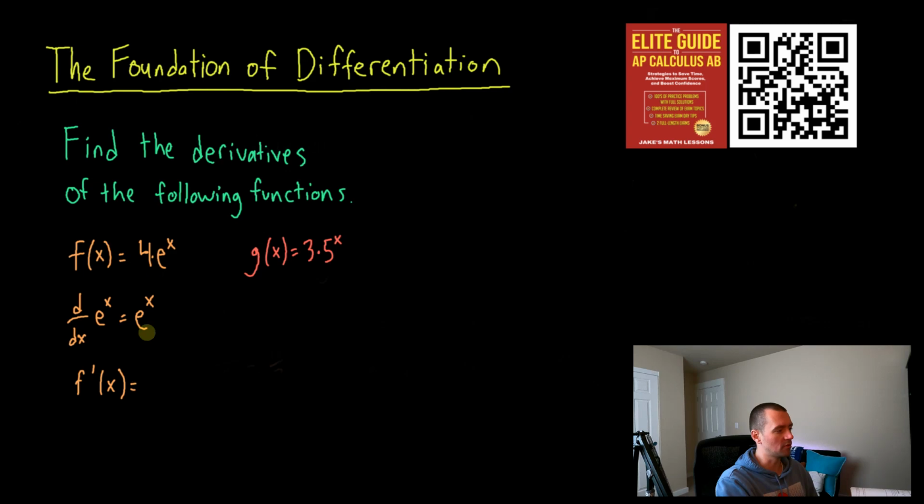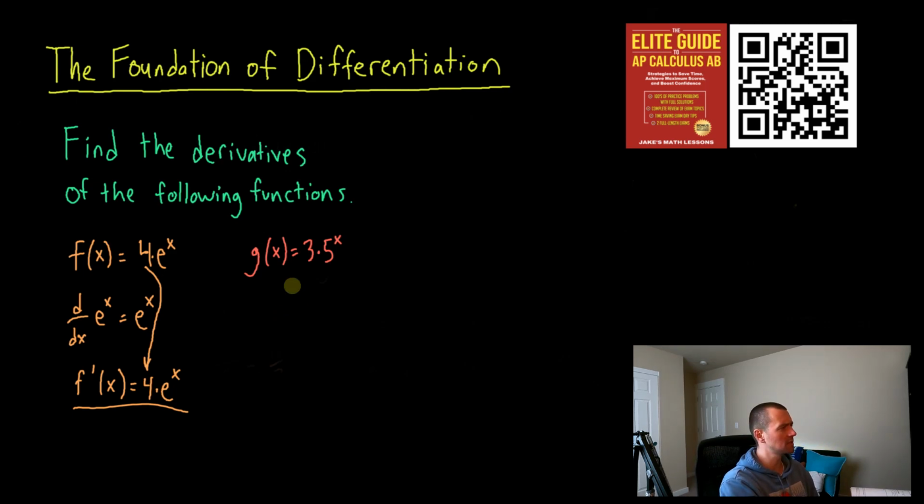So the derivative of a constant 4 times e to the x: you're just going to carry that 4 through into your derivative, multiplied by the derivative of e to the x. Like we just said, the derivative of e to the x is just e to the x. So our derivative of 4e to the x is simply 4 times e to the x. It's a unique situation where the derivative is the same as the original function.